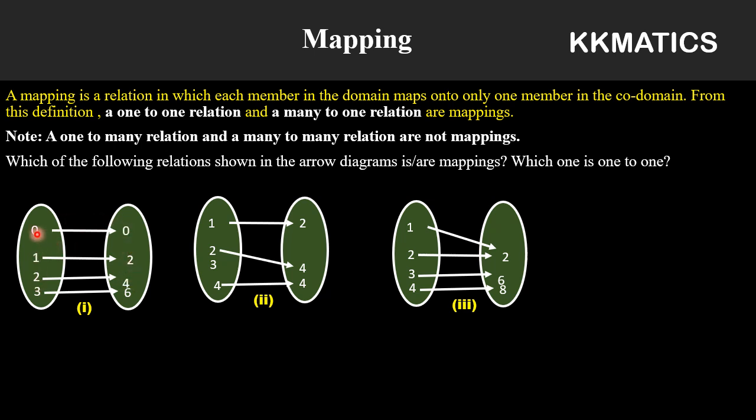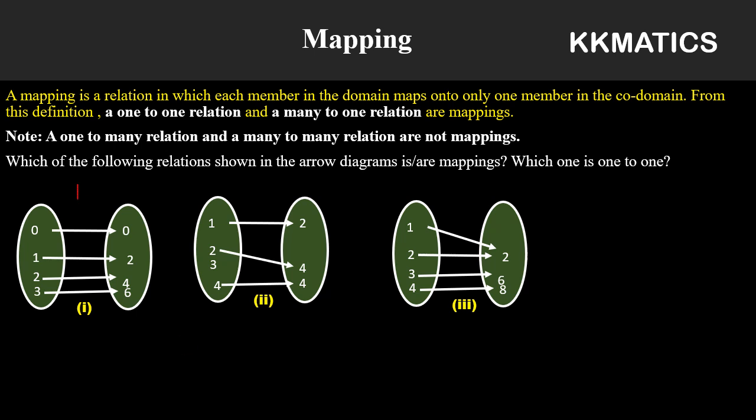As we can see, 0 maps to that, 1 is also that, 2 matches to 4, 3 matches to 6. So we can see each one is to the other, 1 is to 1, 1 is to 1, 1 is to 1. Great. So we conclude this obviously is a one-to-one relation.